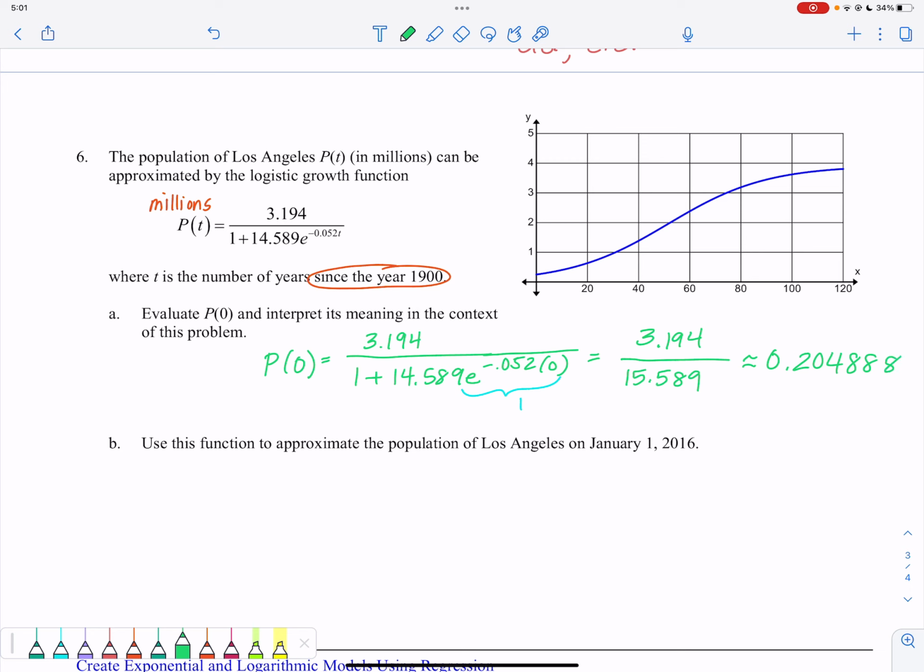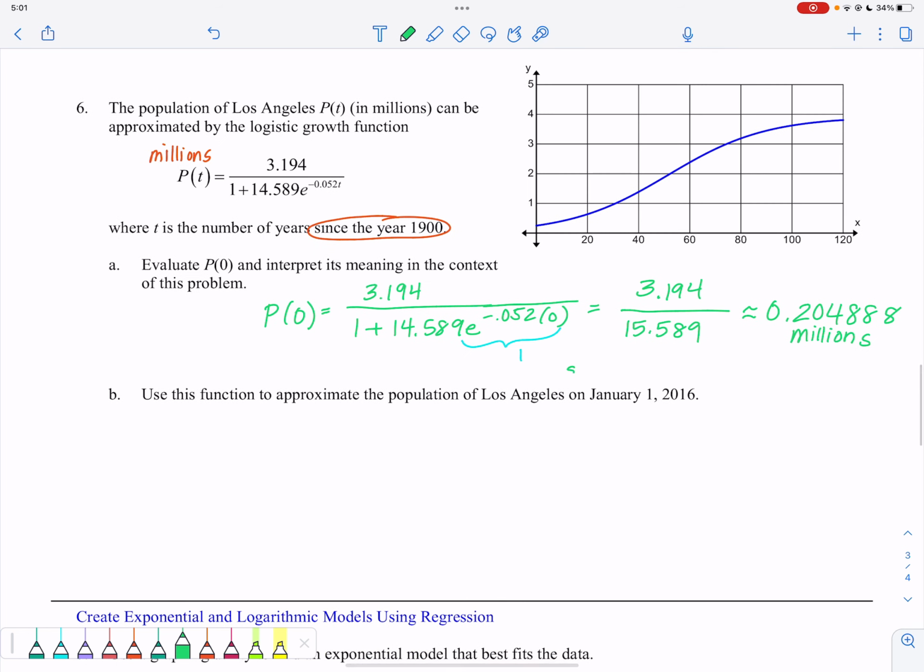Now keep in mind that that's millions of people. So that would mean 204,888 people in year 1900 since we had t equal to 0.